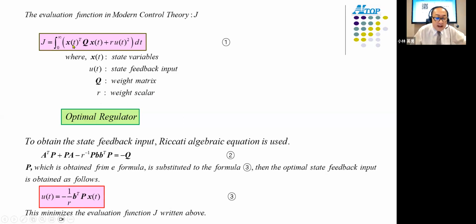Then here, this x(t) is the state variables. This t means transpose, times Q times x(t). Q is usually a weight coefficient, expressed by a matrix.